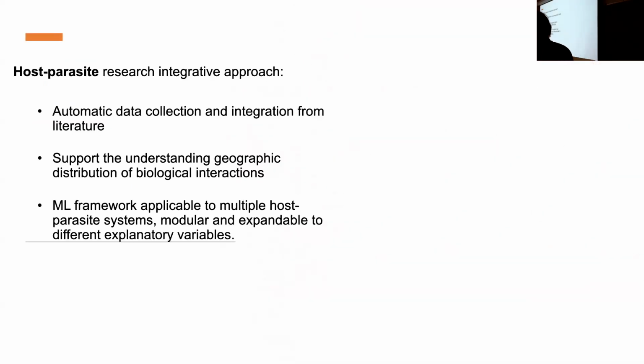So this is the summary of what I did. I tried to automate the data collection, the retrieving of papers and the integration of the literature. Also, I tried to support the understanding of the geographical distribution, not at the scale of the biological interaction, but more the genetic structure of the population, and potentially add the interactions there.